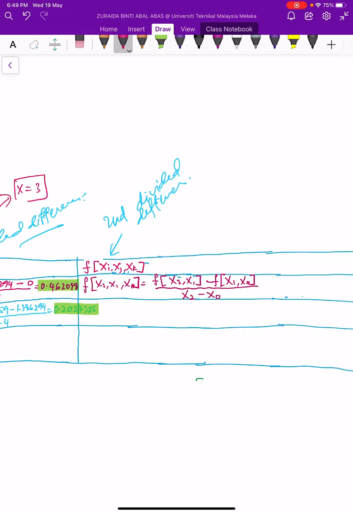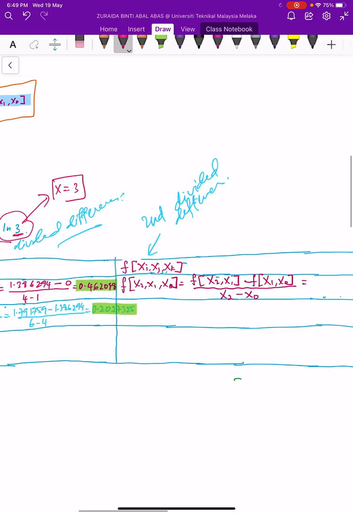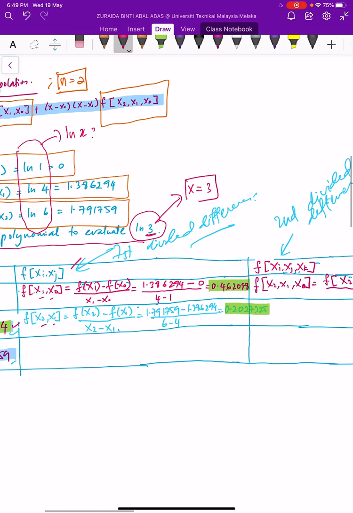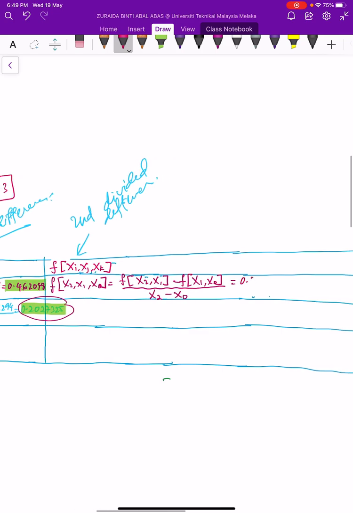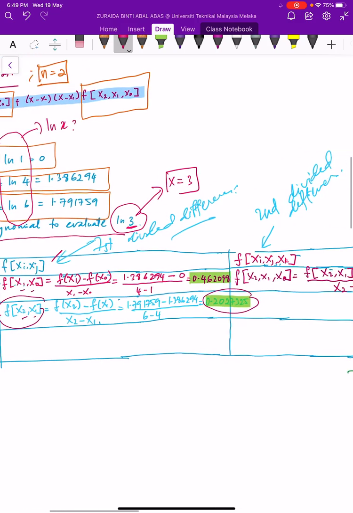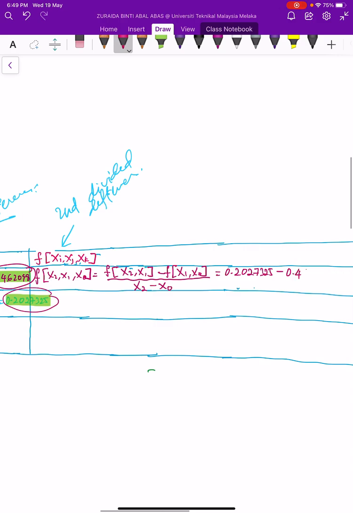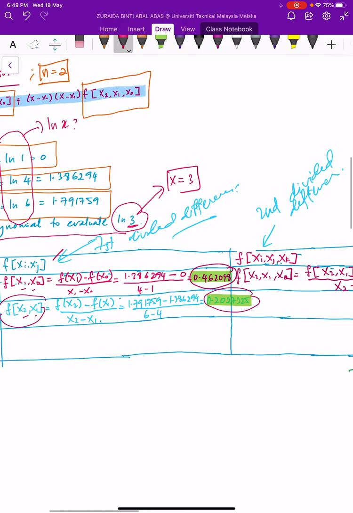So f of x2, x1 comes from here, 0.2027325, minus f of x1, x0, which is 0.46298, divided by the point x2 minus x0.